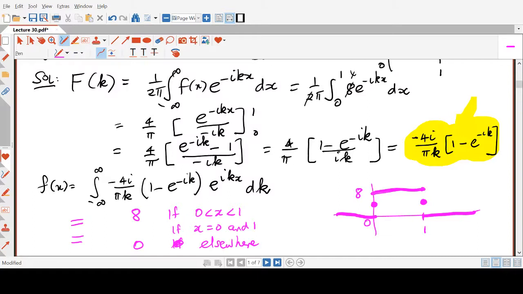Remember, I even showed you a plot of this. I used Mathematica to plot those series, and I showed you it might jump, it might create some wave here, and then it jumps to the top. So in jumping, it goes to the midpoint. So you can say that it'll go to the midpoint, 4, at the points of discontinuity. These are the jump discontinuities. It converges to the midpoint of the jump discontinuity. Any questions? Anything not clear there?